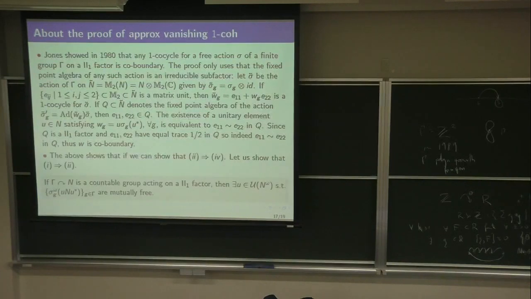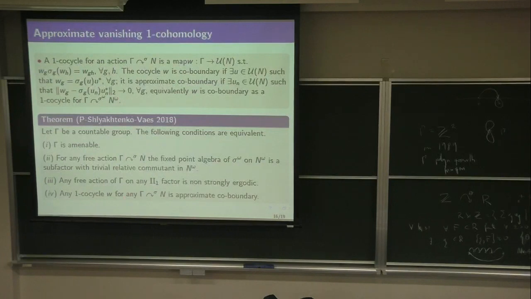Okay, so the above shows that if we can show this thing, that any free action, its ultra power has a fixed point subfactor with trivial relative commutant, then we have 4.